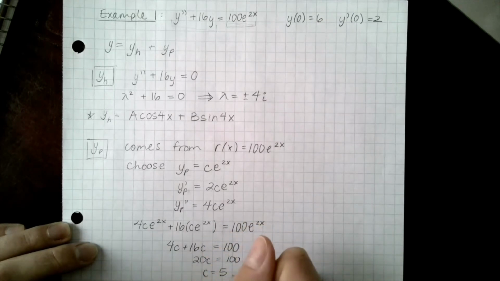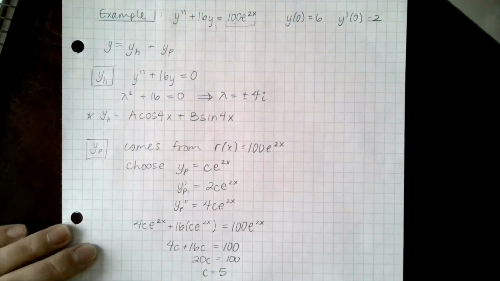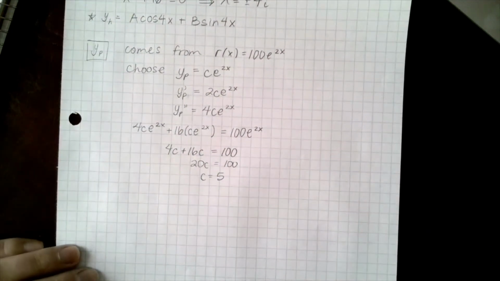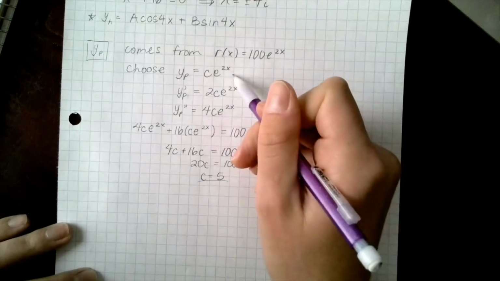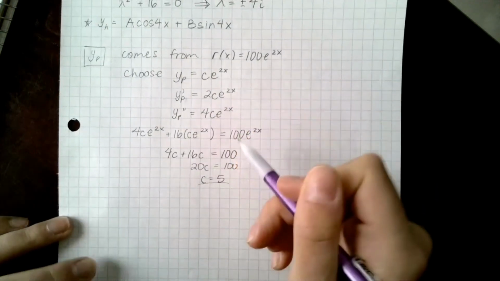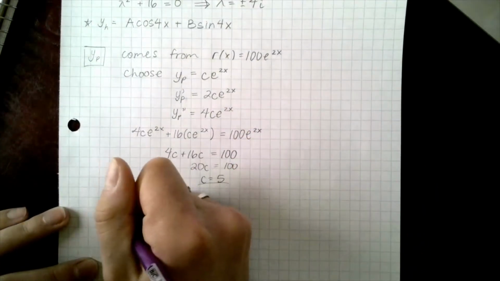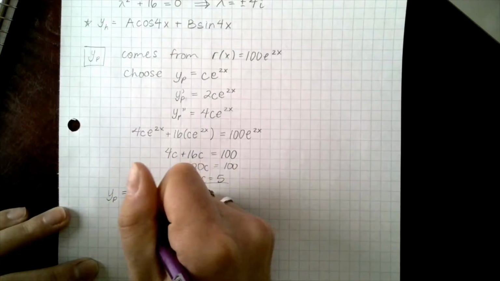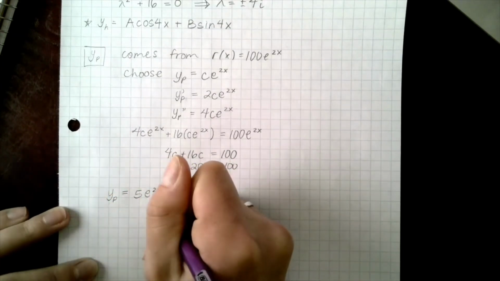And we find that c equals 5. Then we plug this back into our original y sub p choice. So that means that our y sub p is equal to 5e to the 2x.